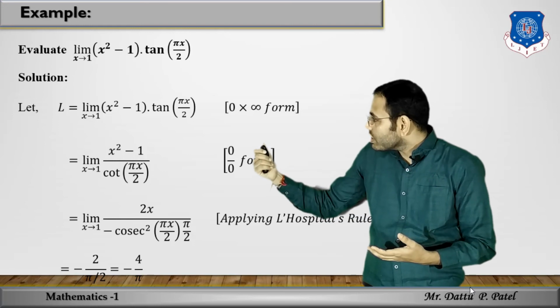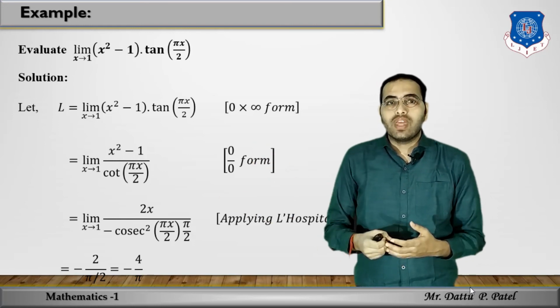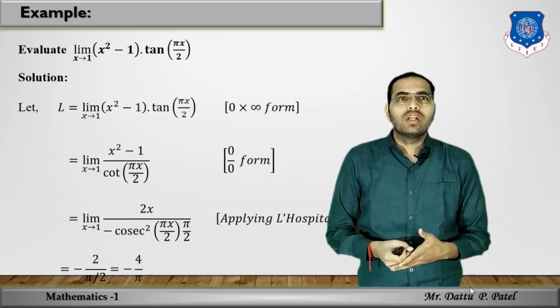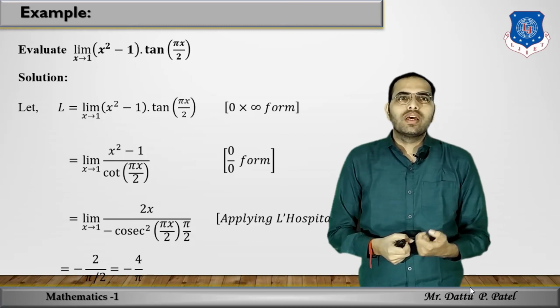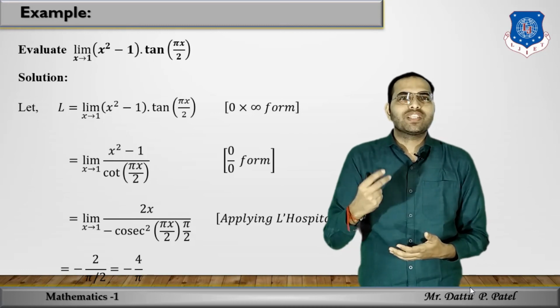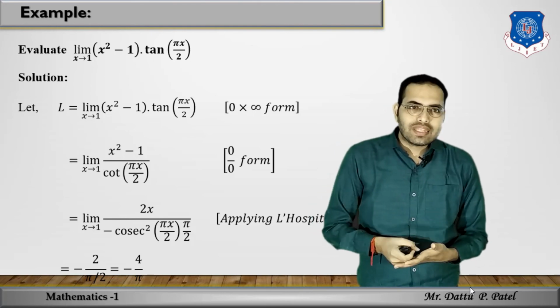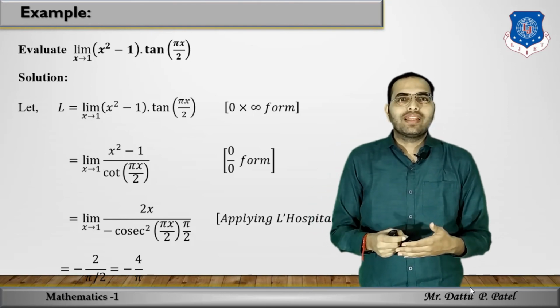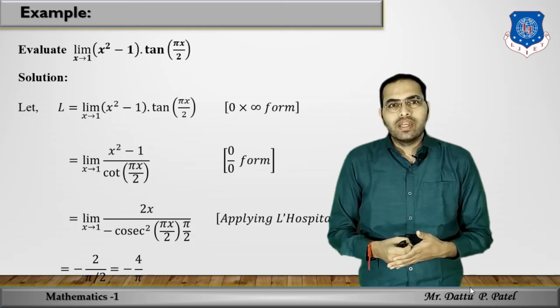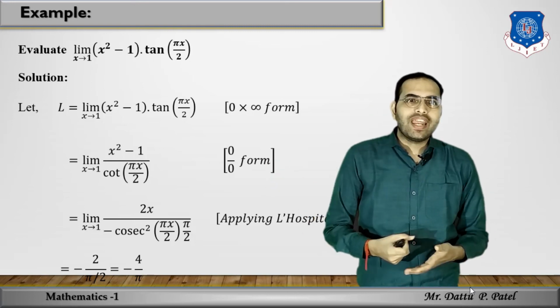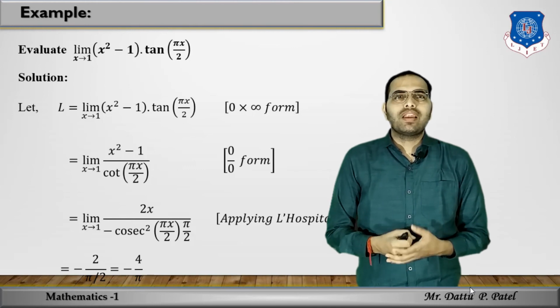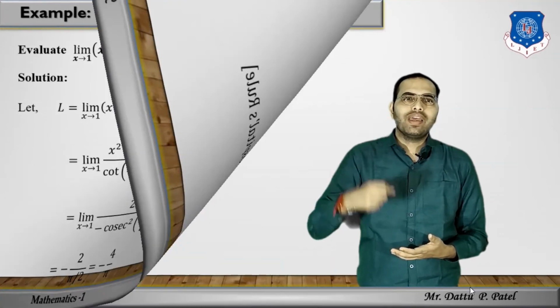Now that is the 0 by 0 form. Then applying the L'Hopital rule, it becomes 2x upon minus cosec square of pi x by 2 into pi by 2. Applying the limit x tends to 1, the denominator portion is a finite value, and simplifying that term, it becomes minus 4 by pi.